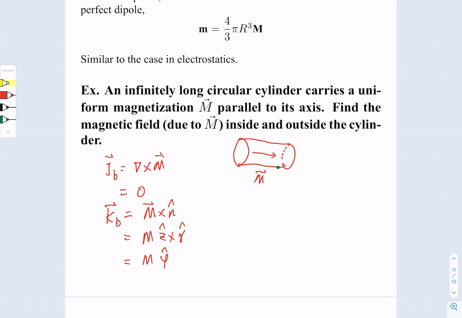So the surface current is along the azimuthal direction, which means it's similar to a solenoid, and we calculated the magnetic field of a solenoid in previous lectures.